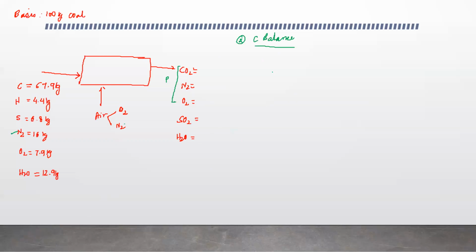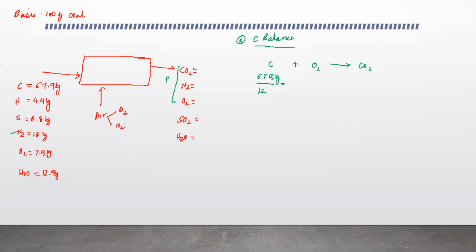So we know that carbon reacts with oxygen to give carbon dioxide. That is what we are going to have. So carbon is 67.9 kg, so that's 67.9 by 12 kilomoles.